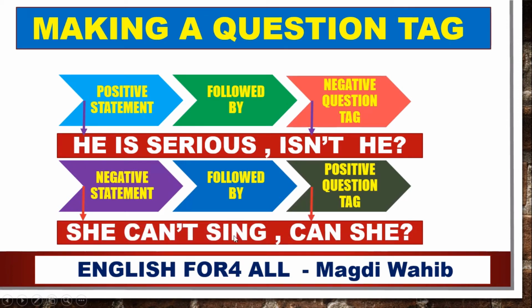She can't sing. Can she? Okay. So it is a negative statement followed by a positive question tag.